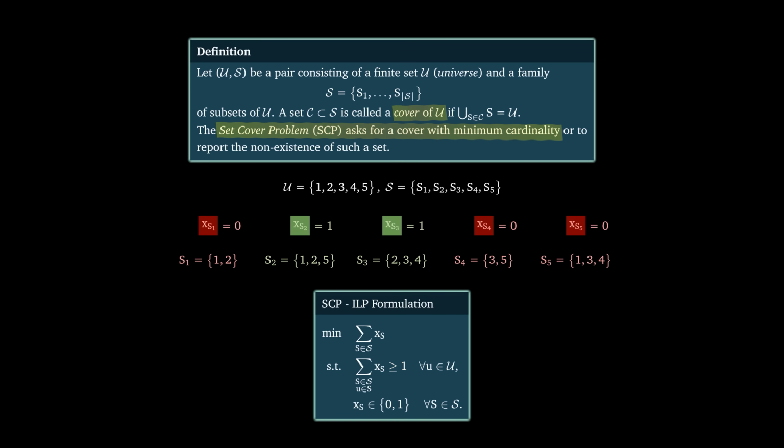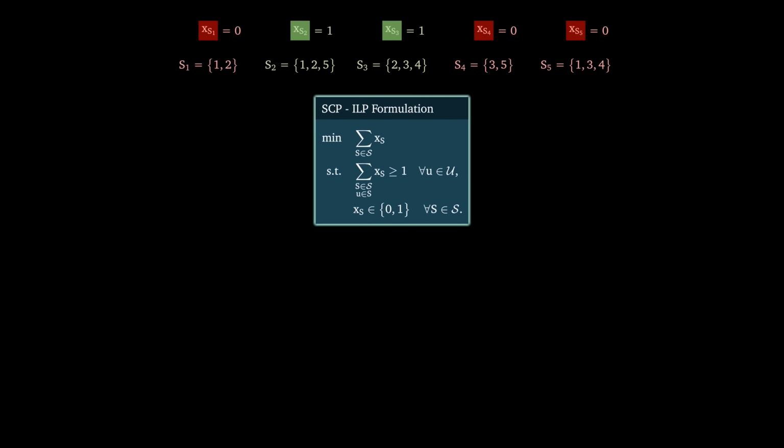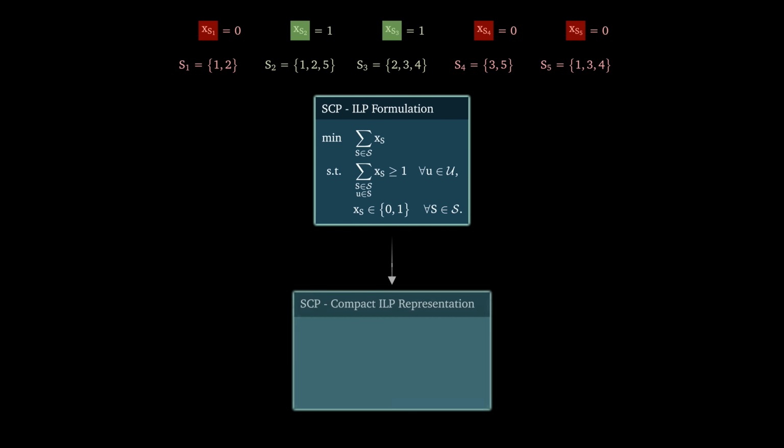This is an expression of the set cover problem using integer linear programming, but it is rather a mathematical, or let's say a theoretical expression of the problem. What I want to say is that we need to modify it slightly to solve it using an ILP solver on a computer.